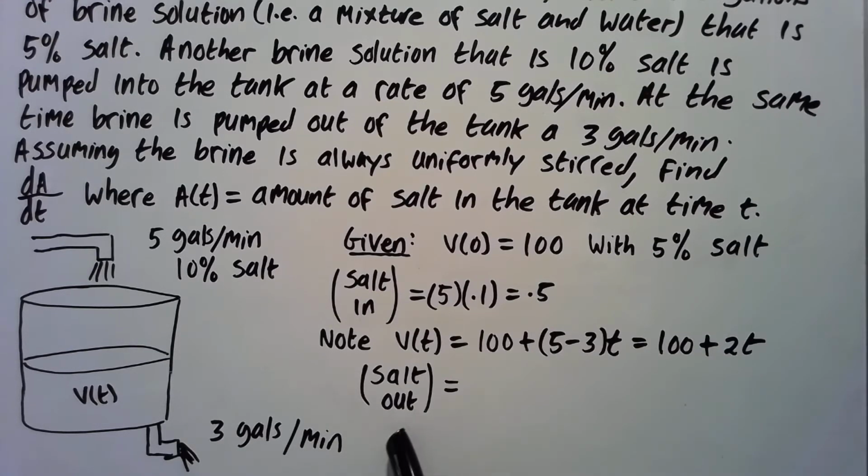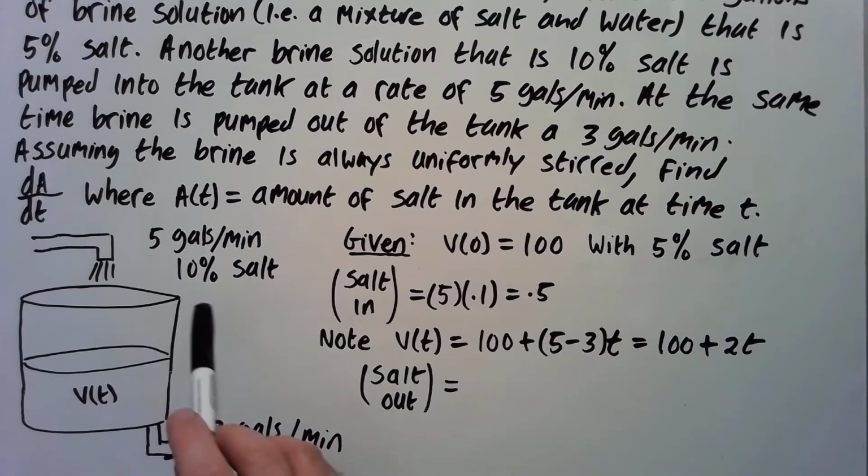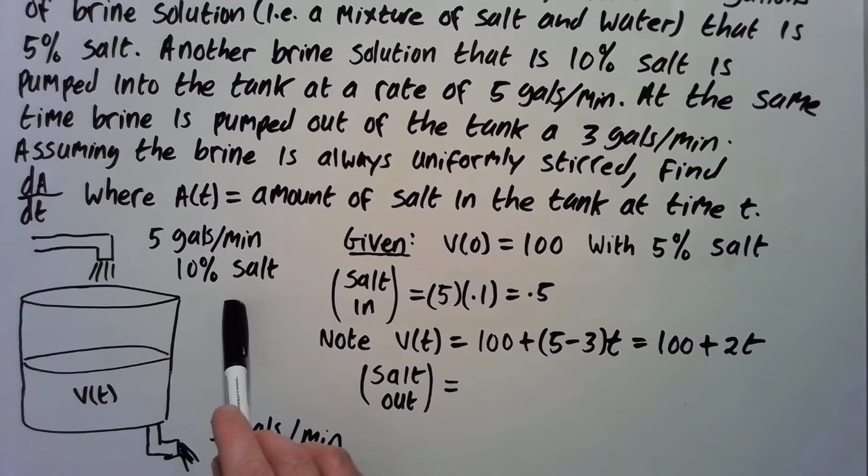So let's find the salt out next. That's going to be harder because there's 3 gallons leaving, but the salt content is changing, because there's 5 gallons coming in at 10% salt, and it's mixing with this here, and so it's changing the salt content. So it's not so obvious what the salt out would be. So let me write something here, then I'll explain it.